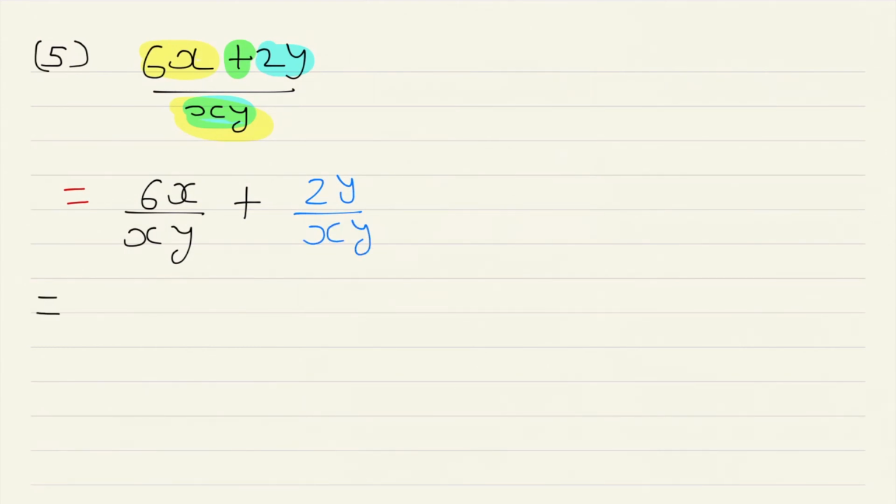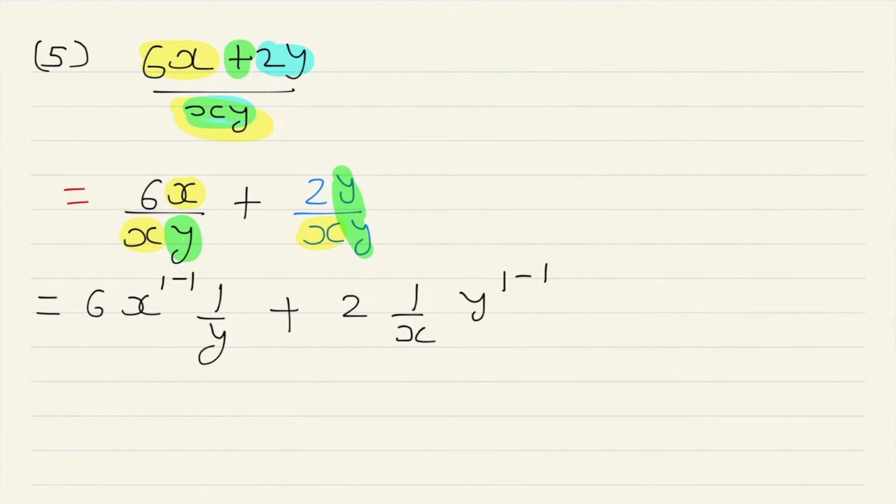So that is 6 times x divided by x, so that's x to the 1 minus 1, times, we only have one y and that's in the denominator, so that's 1 over y, plus on this side we have 2 times, we just have 1x and that's in the denominator, so 2 times 1 over x, and then y divided by y, which is y to the 1 minus 1.